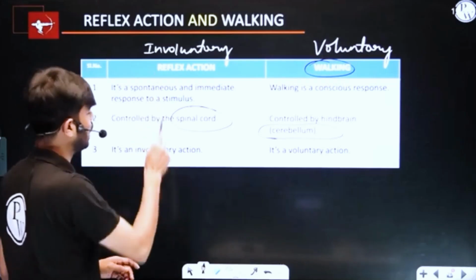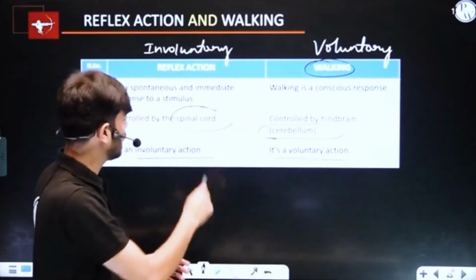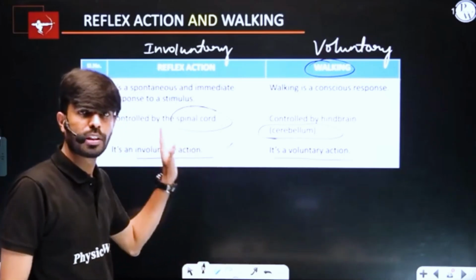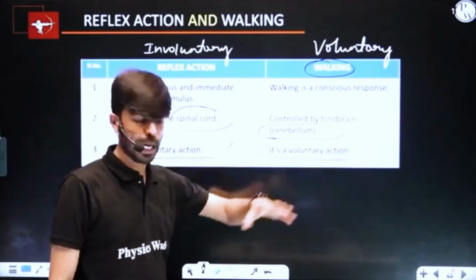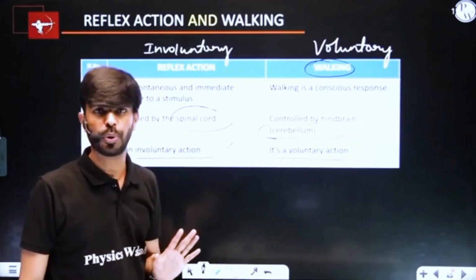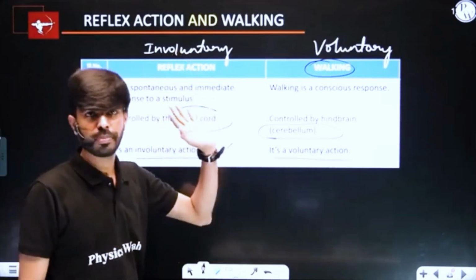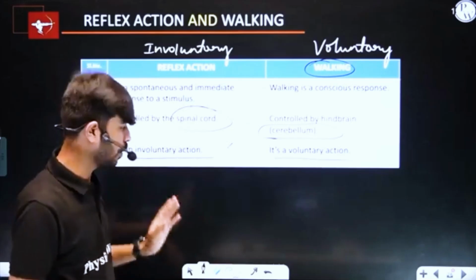Next, this is an involuntary action and this is a voluntary action. It is not under our control. We are not able to control this particular action directly, but we can control our walking. If I want, I can walk, otherwise I can stand. So that is the difference between voluntary and involuntary muscles. Reflex action and walking are commonly asked, and you have to answer in this way.